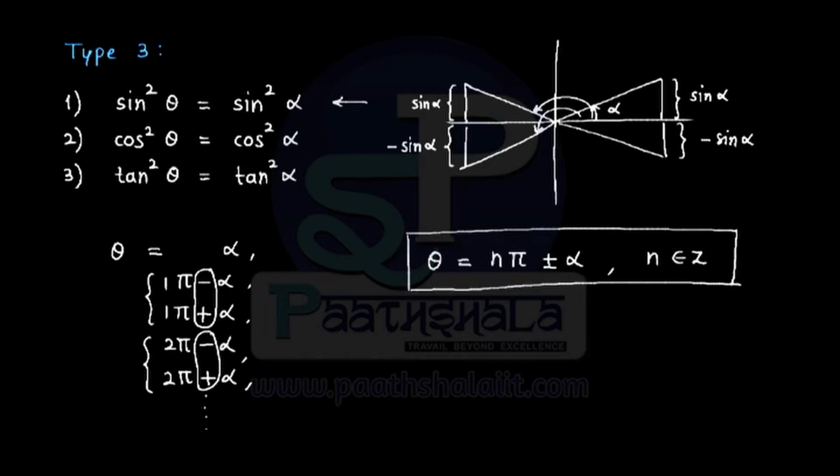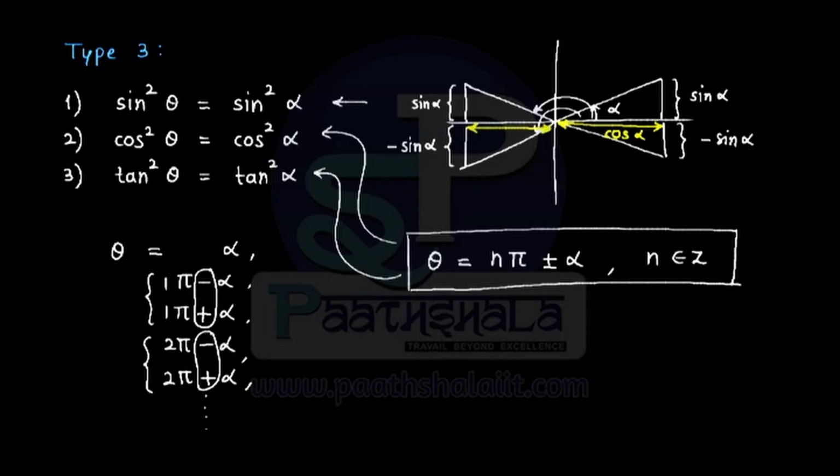Now interestingly, we can confirm that the same solution applies to the remaining two equations also, simply because they also have the same structure of squaring. So whether it is positive cos, which is on the x coordinate, or negative cos, which is on the negative x axis, the squares of that cos alpha will always be the same.